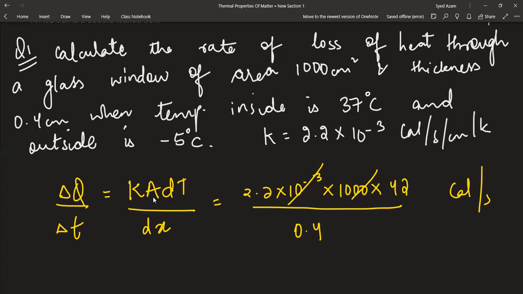A is area. dT, what is this 42? Temperature change, 37 minus 5. Yes, ma'am. Yes, temperature change. What is dx? Dx is thickness.